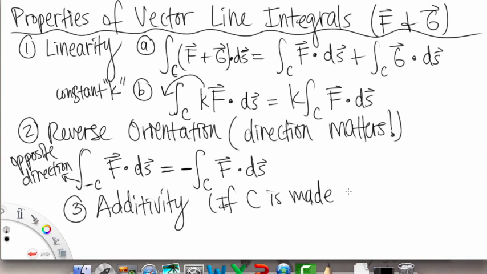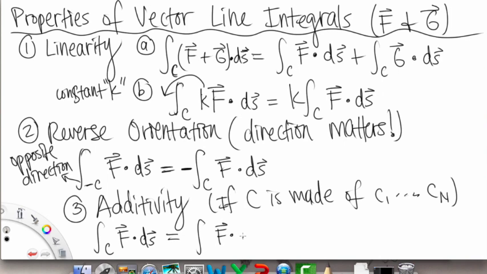So if C, the entire curve, is made of a C1 up to a Cn, and these are the smaller curves that compose C, then we could say that the vector line integral over the entire curve is equal to the vector line integrals over each individual tiny curve added to each other, up to Cn.